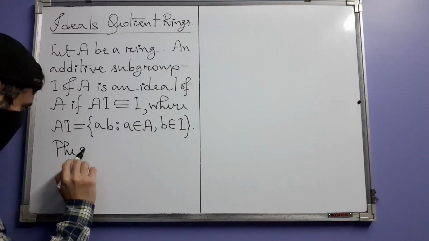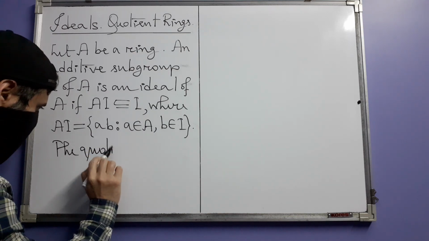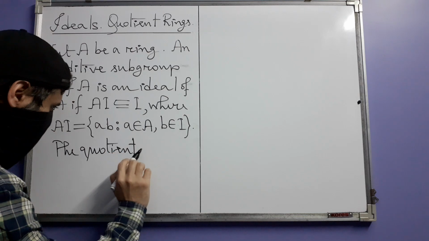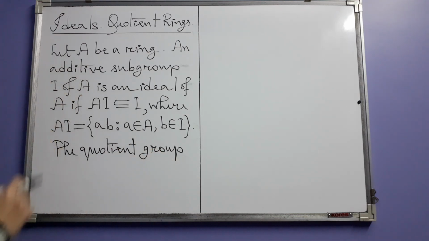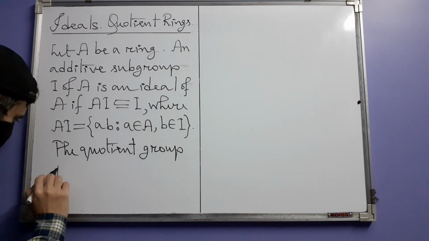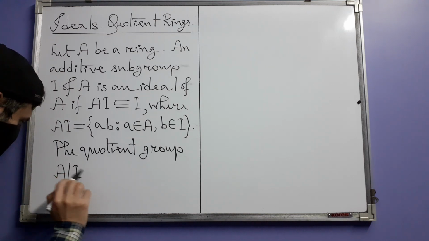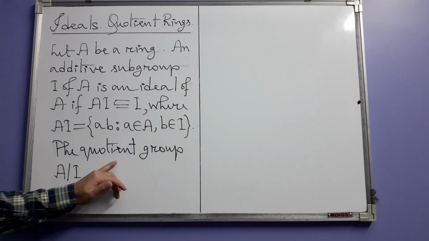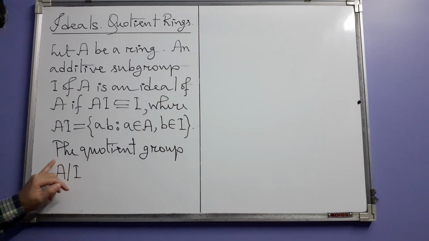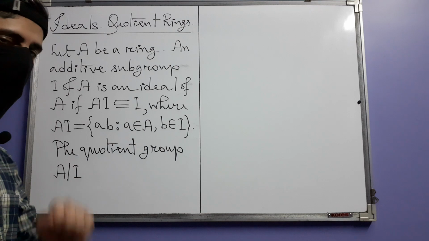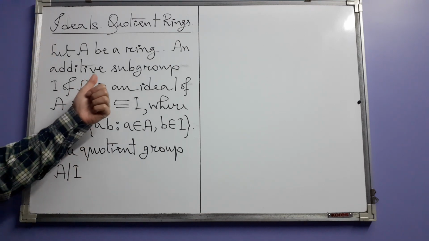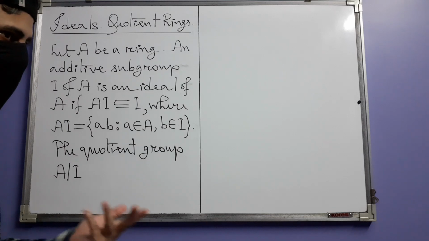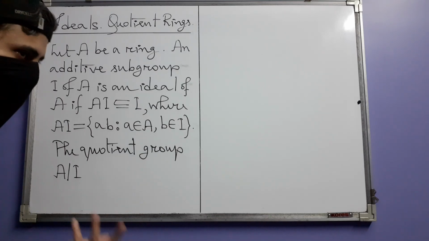The quotient group. So once you have an ideal of a ring, you know that you can form the quotient group of A by that ideal. We say quotient group because here we are considering A as an abelian group under addition. It is. And ideal by definition is a subgroup. Since we are in an abelian group, that subgroup is a normal subgroup.